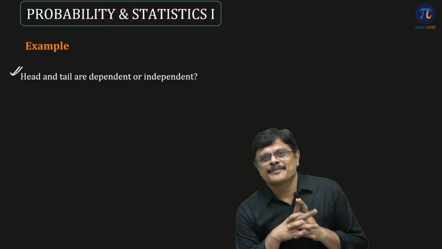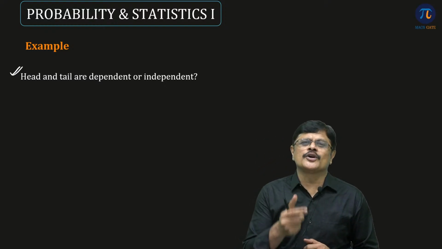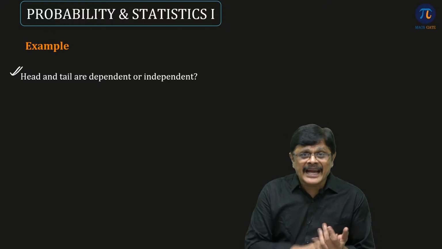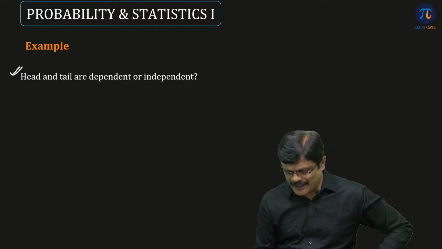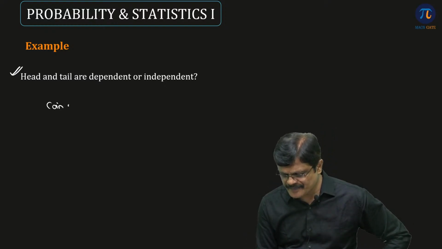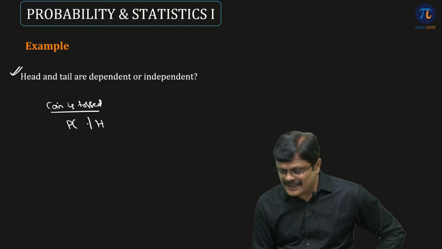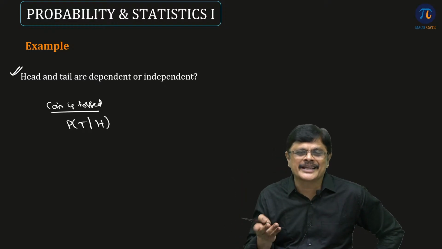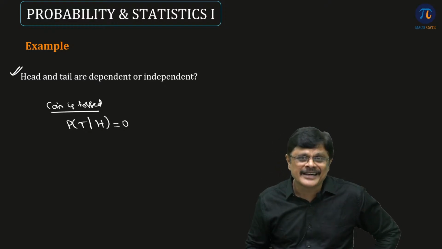See, my dear friends, suppose you take a coin and toss it. Suppose you get heads in the toss. Can you get tails? So a coin is tossed. If you get head, can you get tail? Given that you got head in the toss, can you get tail? It would be 0, because the tail depends on head.